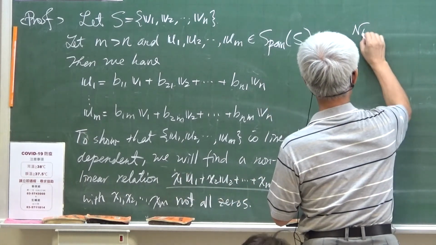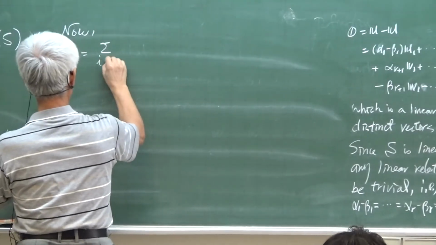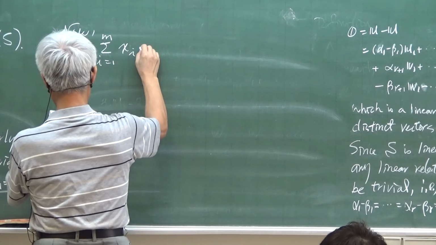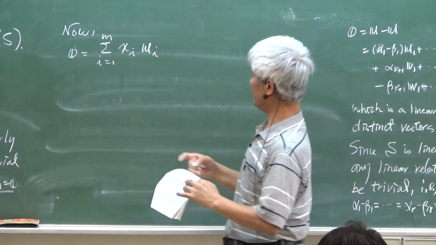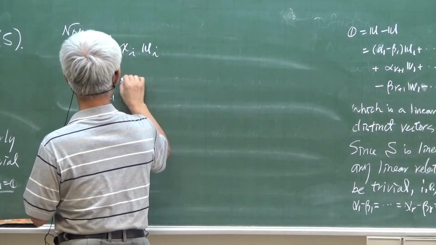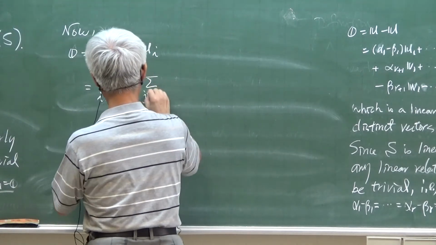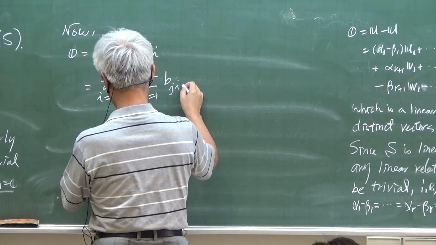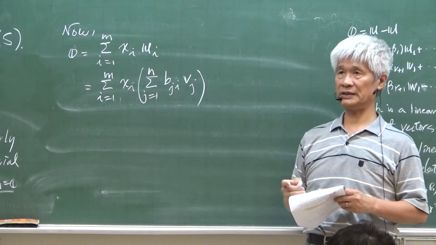Okay, so now 0 is the sum over i from 1 to m of xi ui. So I want to find the xi, right? So let's see. Each ui has this representation, the summation over j from 1 to n of bji Vj. Here, just do the substitution.